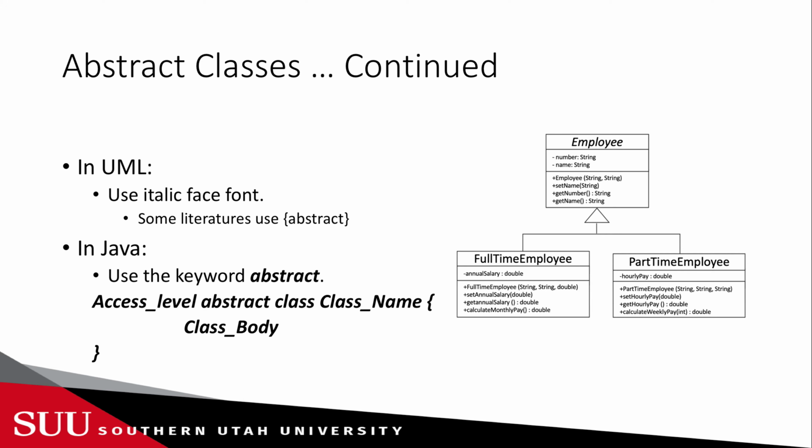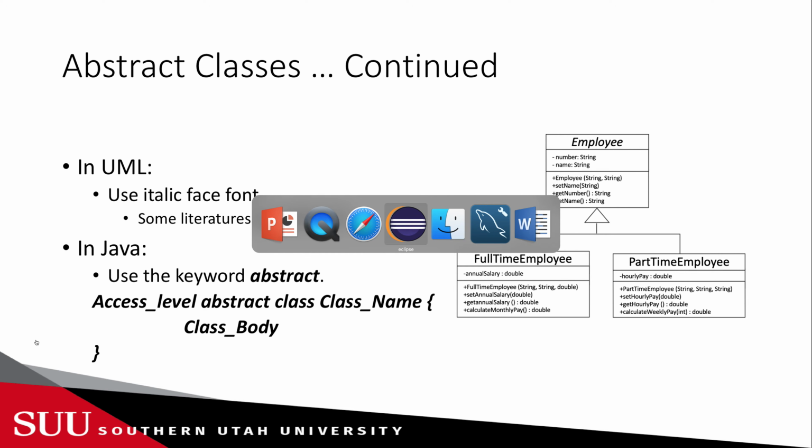You'll start with the access level, and then you'll say abstract class, and then you follow it with the class name as usual, and then you just write your class body. Now, let's see how we can create an abstract class, and then we will talk about abstract methods.